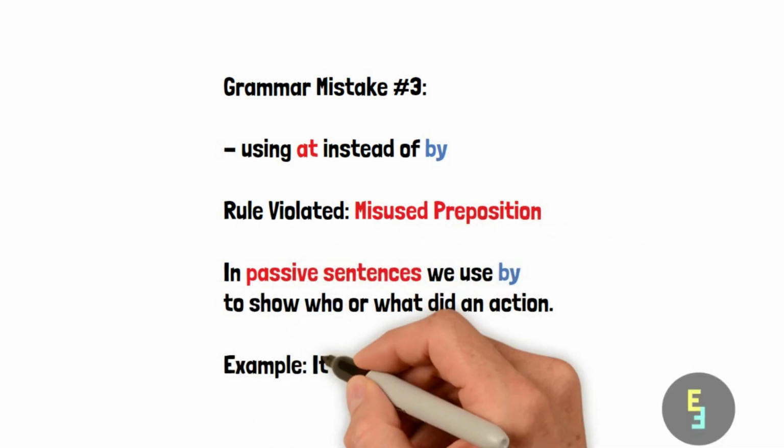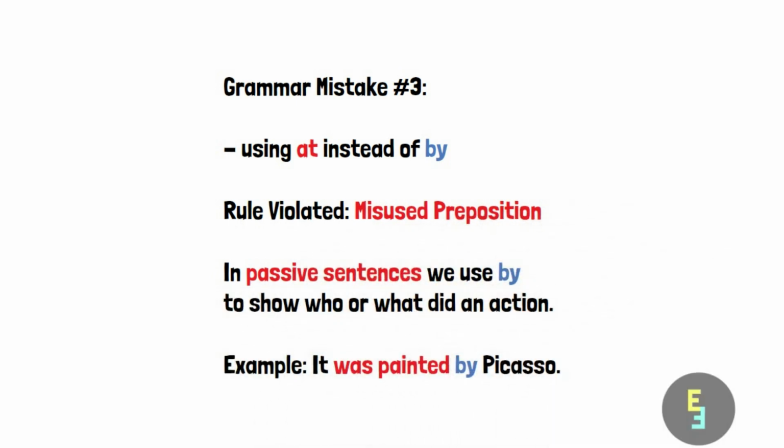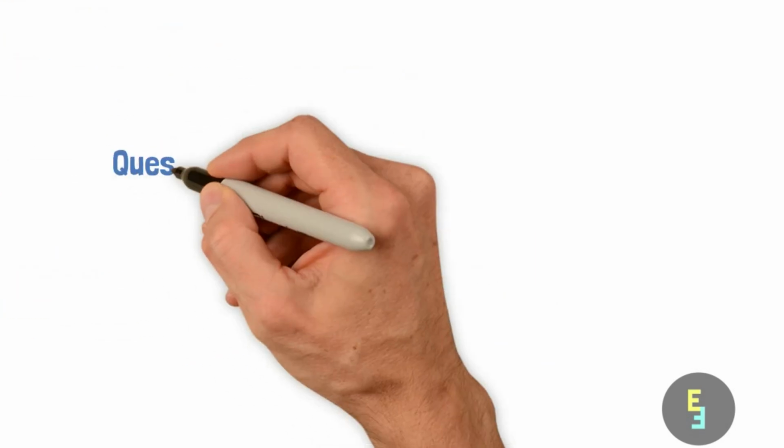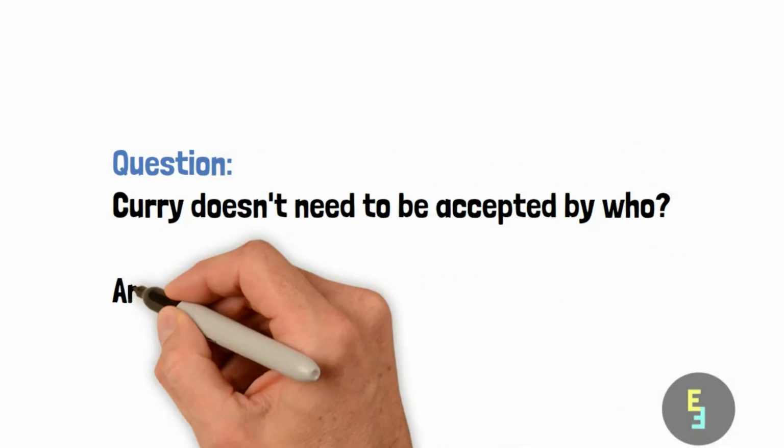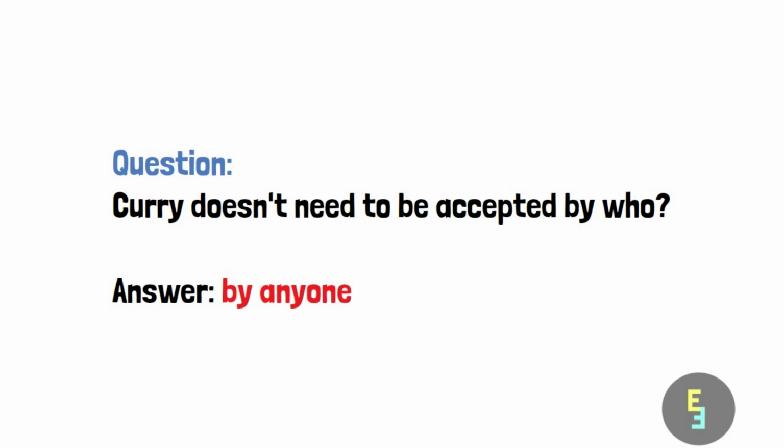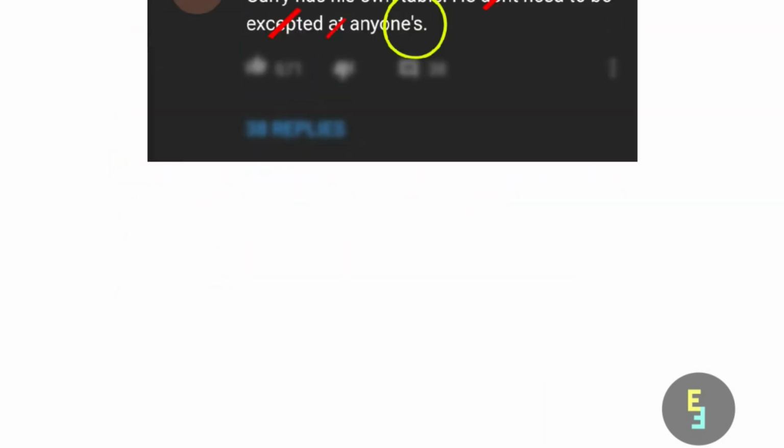For example, it was painted by Picasso. In this example, the word by tells us who did the action. It was Picasso. Going back to the comment, Curry has his own table. He doesn't need to be accepted by who? That's right, by anyone.